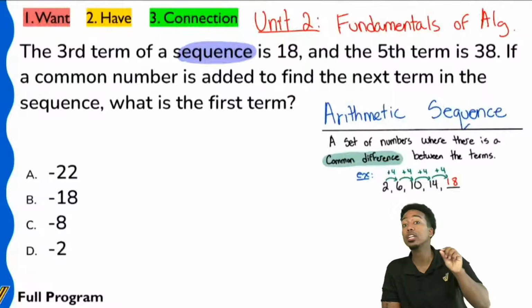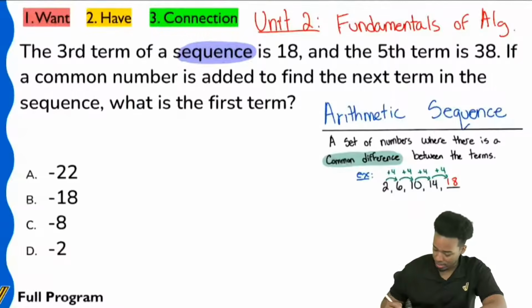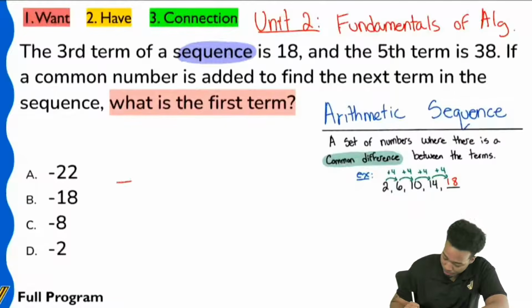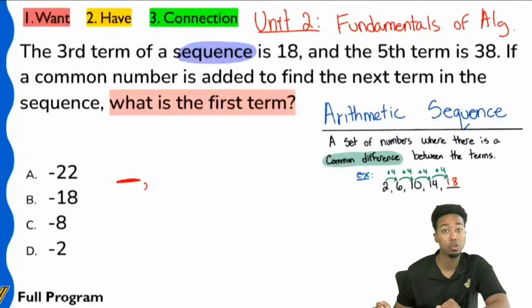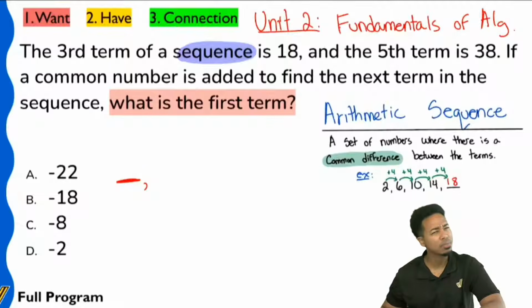That's what the question is telling us to find right here. What is the first term? So if I'm listing this out, I'm looking for term number one. What information do they give us, everyone? What do they tell us?